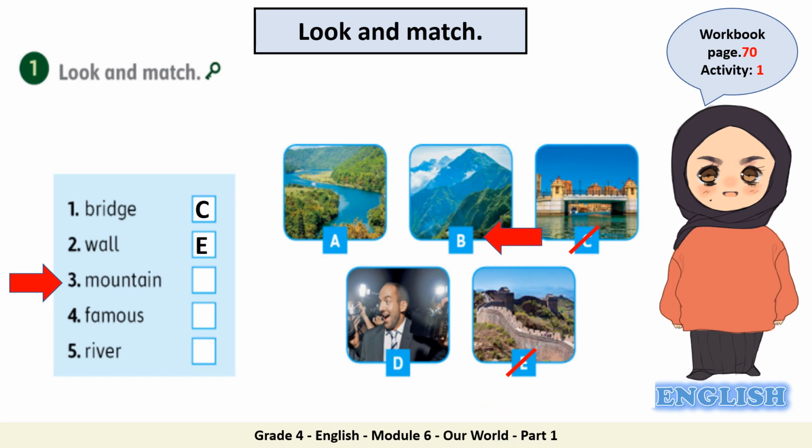It's B. Number 4. Famous. Can you spot famous? D. Finally, let's move to number 5. River. Can you spot the river? A. Well done.